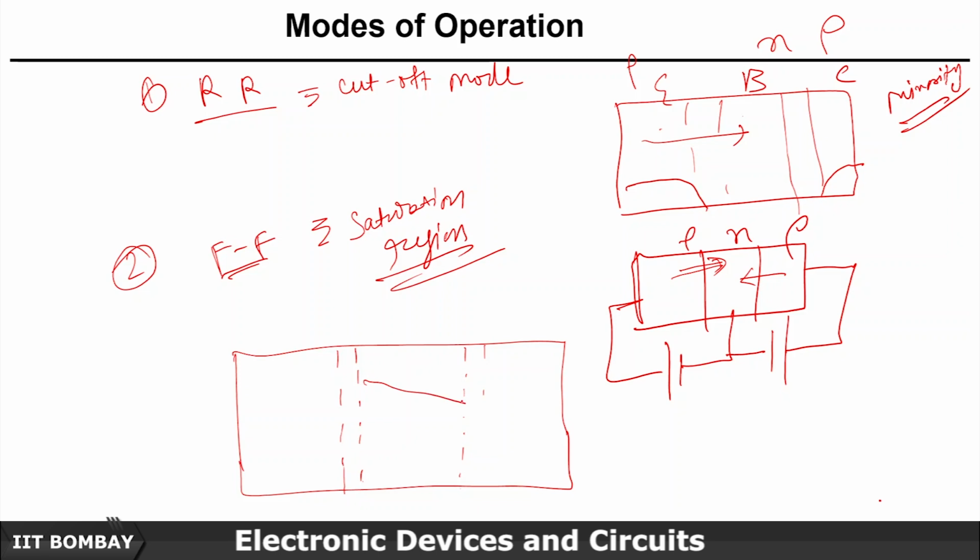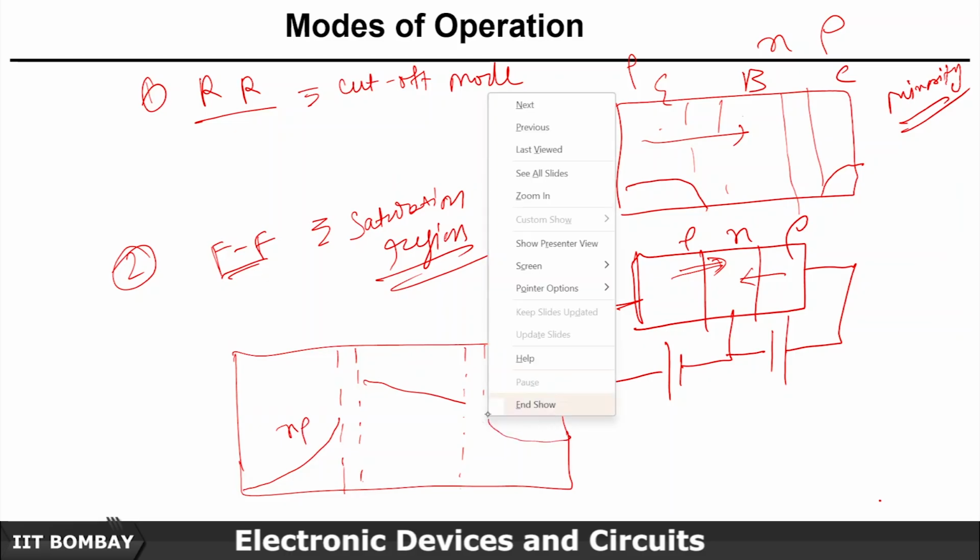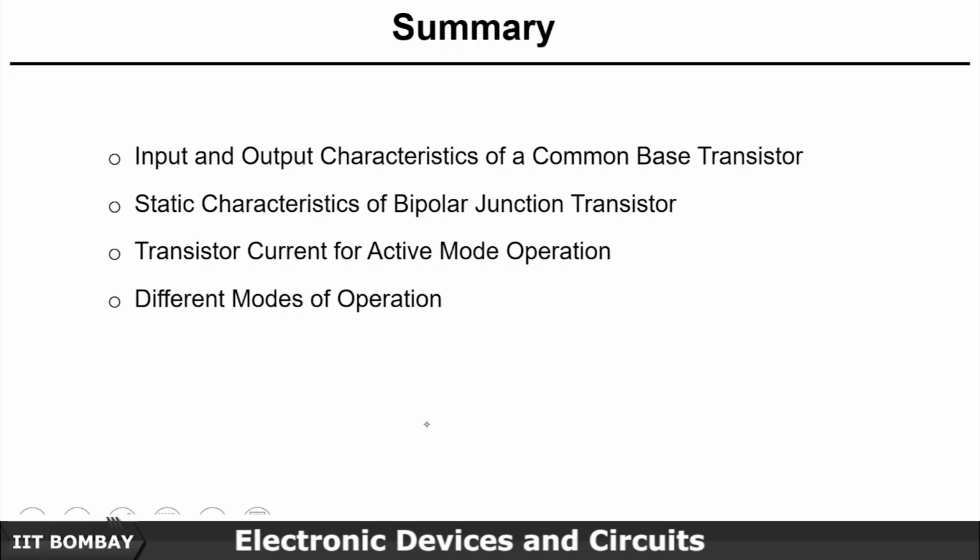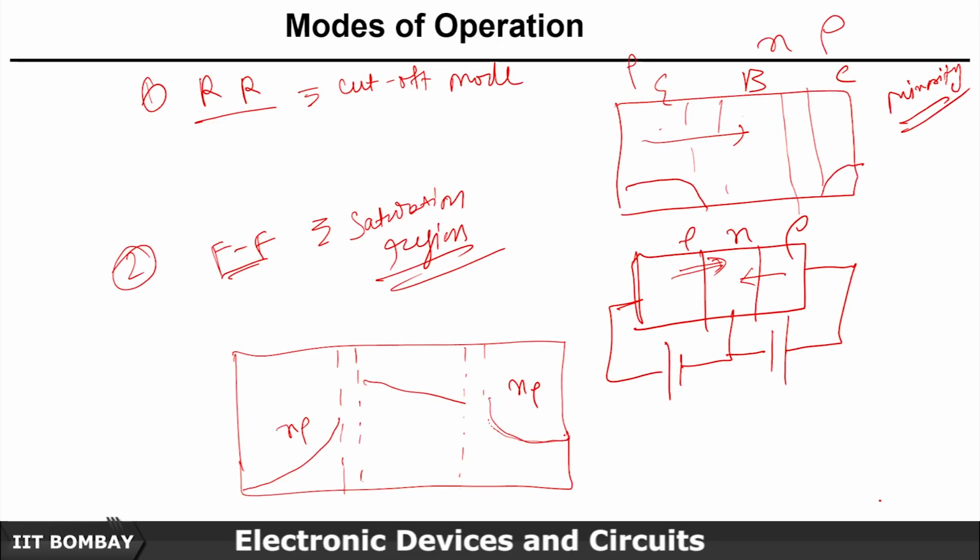Something like this, depending on wherever the doping is higher, the slope will slightly tilt. This will be something like this as it was, to base collector.